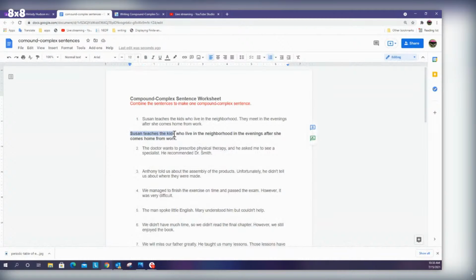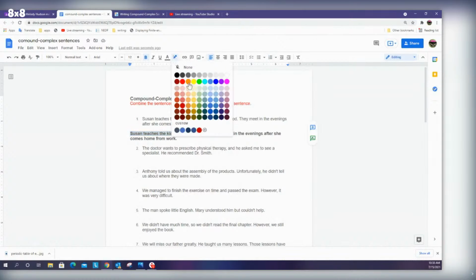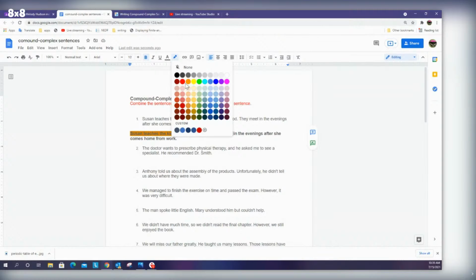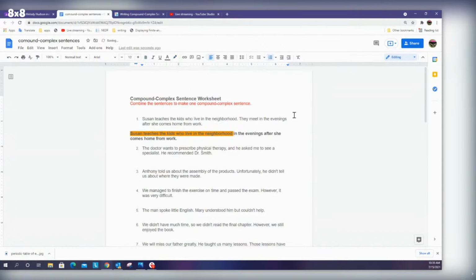That can stand alone, so I'm going to highlight it in orange. Who live in the neighborhood. Wait a minute. She teaches the kids who live in the neighborhood. I'm sorry, y'all, forgive me. So that could all be one thought.